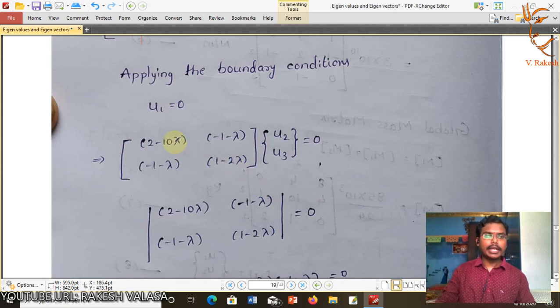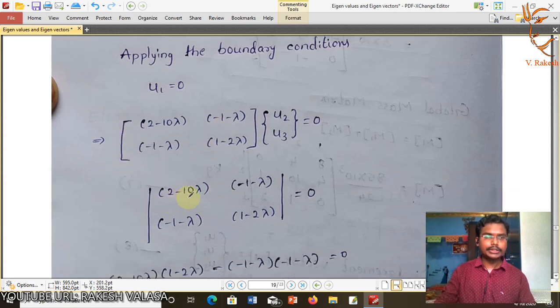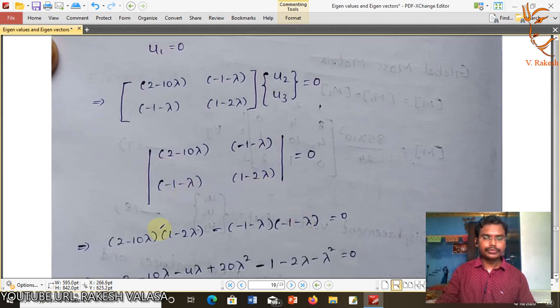For calculating lambda, we determine the determinant of this matrix, that is [2 - 10 lambda, -1 - lambda; -1 - lambda, 1 - 2 lambda] equals 0. We know how to calculate the determinant of a given matrix. For example, I am taking the matrix [A, B; C, D].